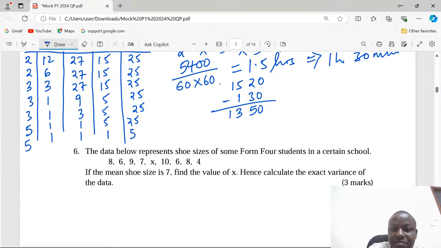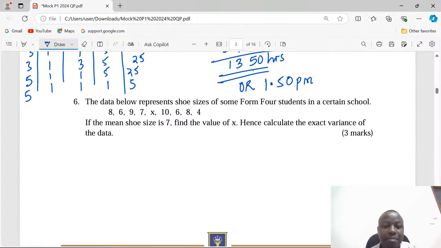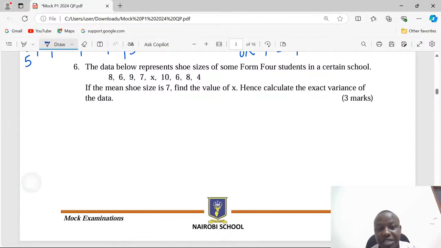Therefore, 1350 hours is the time this had happened before. It can be expressed in the 12-hour clock system as 1:50 p.m. So that is the time this had happened before.